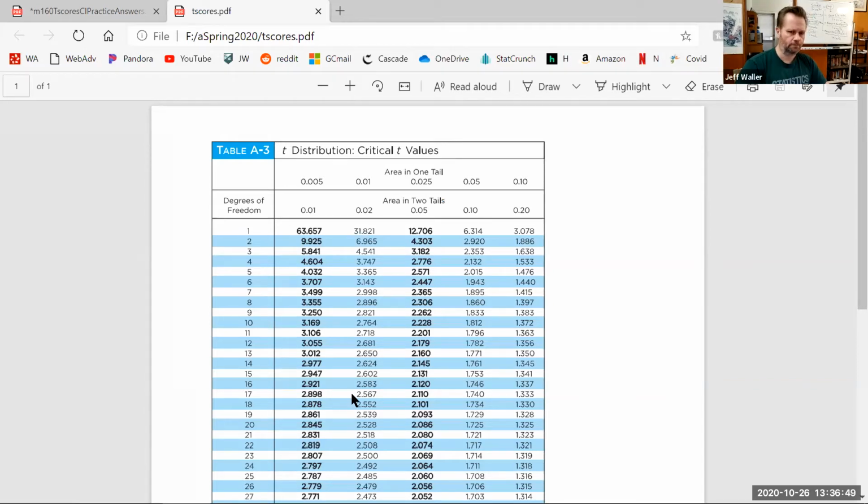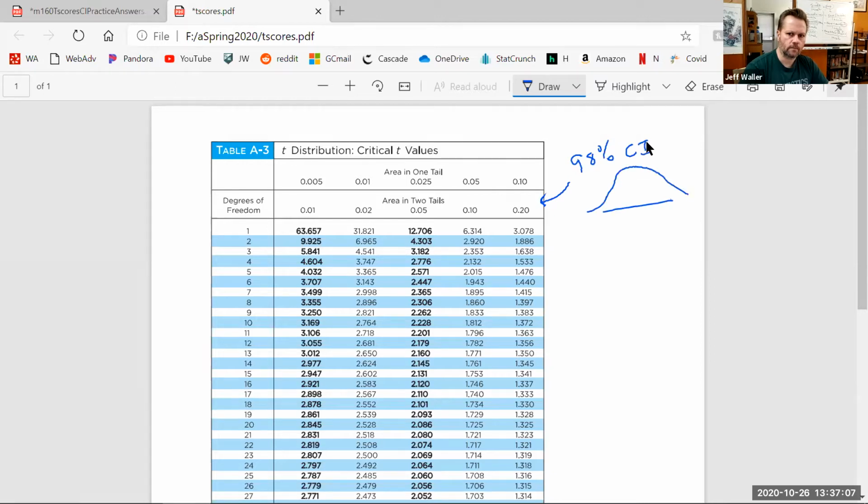So let's do a quick reminder about how to use this chart. I pretty much always use this one for confidence intervals. Here's the idea behind it. If I want to be 98% confident, how much area is outside total in both tails? 2%. 2% in two tails.